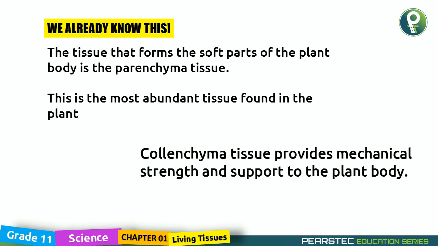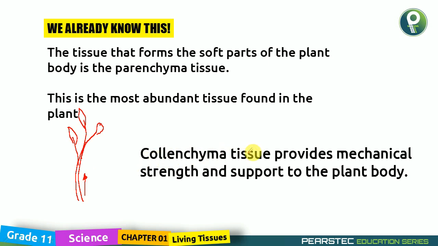Now, collenchyma tissue provides mechanical strength and support to the plant body. When we are talking about mechanical strength, suppose you have a plant in your garden and you see that plant standing still, with flowers blooming and leaves there. This plant is standing still because it has mechanical support.